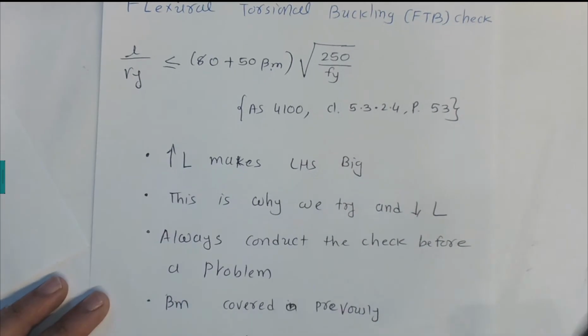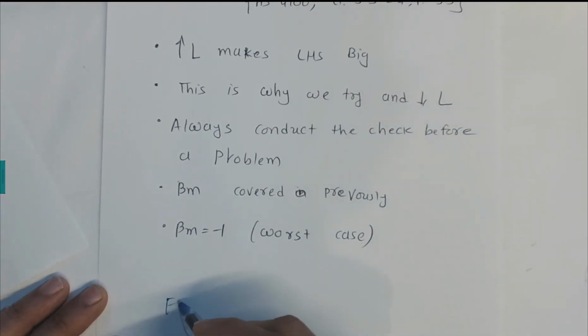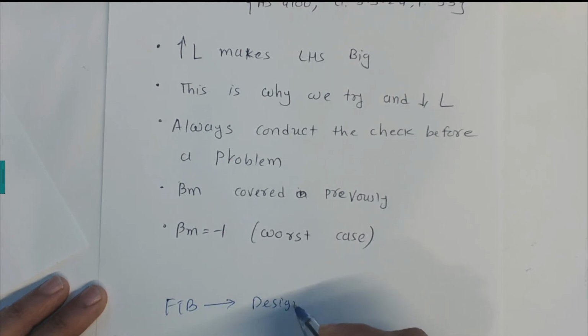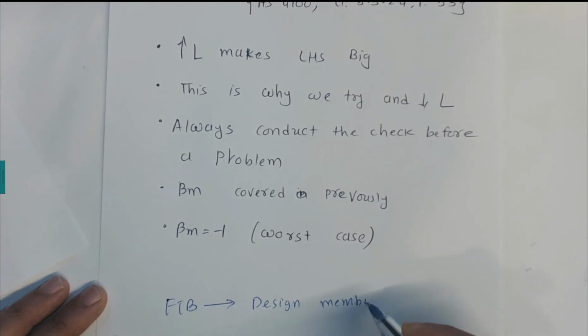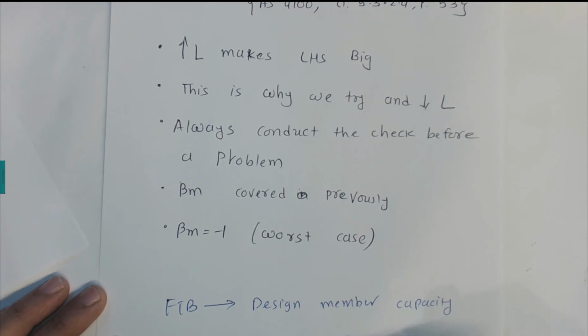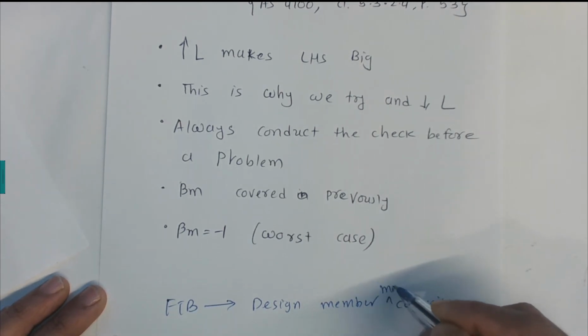So what does it mean? If flexural torsional buckling occurs, we need to calculate the design member moment capacity. And if FTB does not occur, then we need to calculate the design section moment capacity.